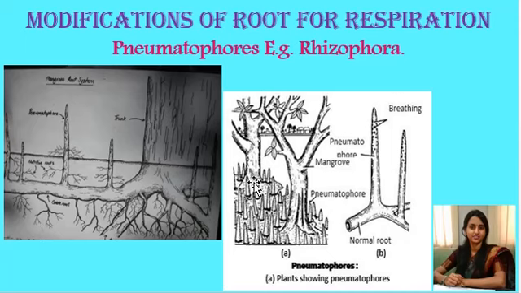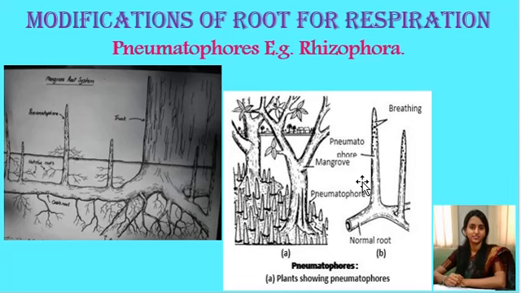Okay, you look at this, this is the main tree trunk and this is one of the secondary roots, and from this root some structures grow vertically upward, and these structures consist of a large number of pores. These pores are known as pneumatophores, through which the exchange of gases takes place. Hence these roots are known as breathing roots or respiratory roots.